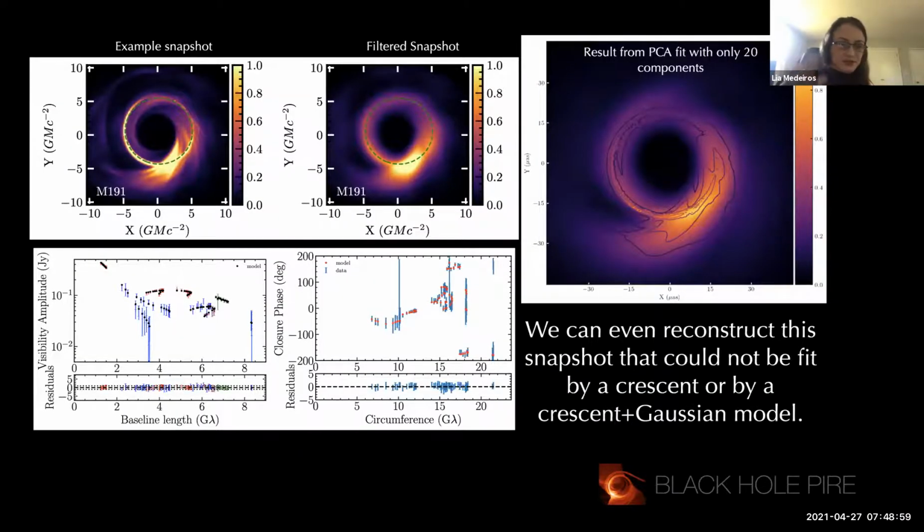I've just flipped it over, it's just a preference. And here's the filtered snapshot, right? And this bigger image over here is the result of fitting this snapshot with only 20 PCA components. And I've overplotted as contours the original snapshot so that you can compare the result from this fit with the original snapshot in more detail.